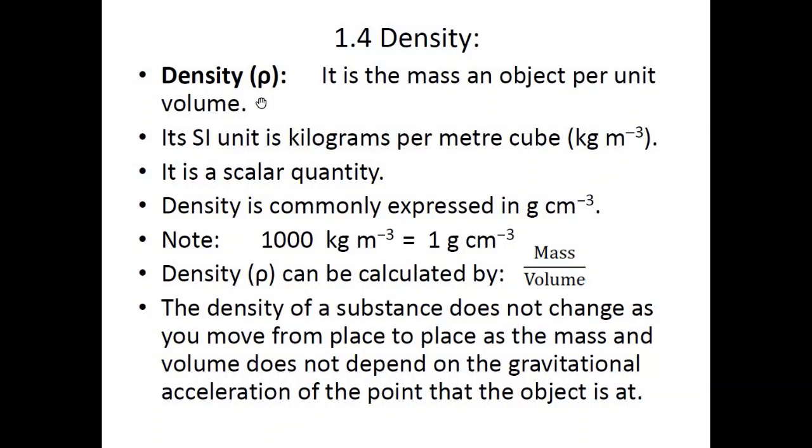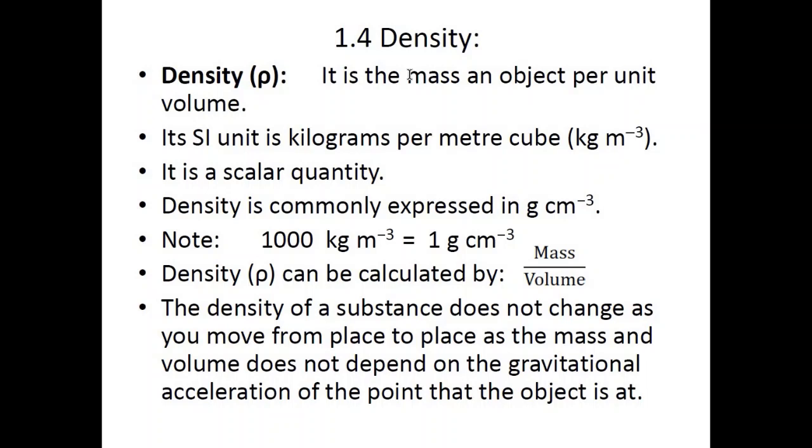Density is commonly expressed in another set of units as well, gram per centimeter cube. In your question paper you would often have to convert between these two units, so remember this simple conversion: 1000 kilograms per meter cube equals 1 gram per centimeter cube.